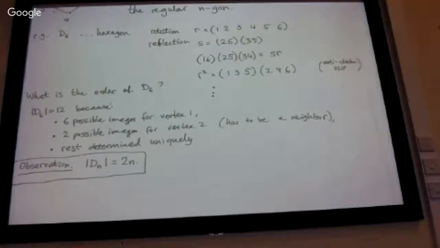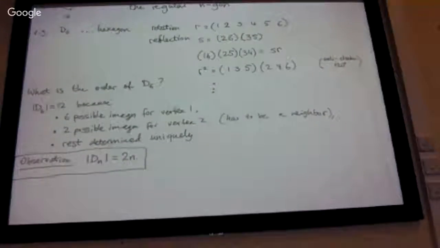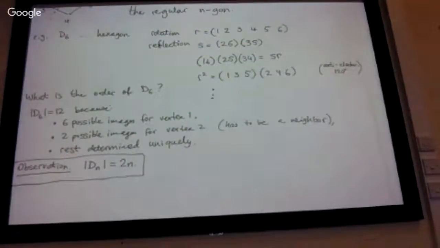What's the order of R? Well, yes, 6. So in fact, you might have observed already when we were doing permutation groups that if you have a cycle of length k, its order is k.